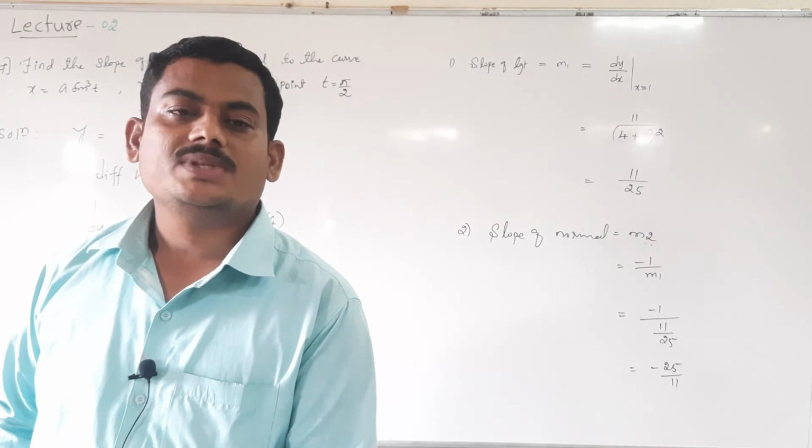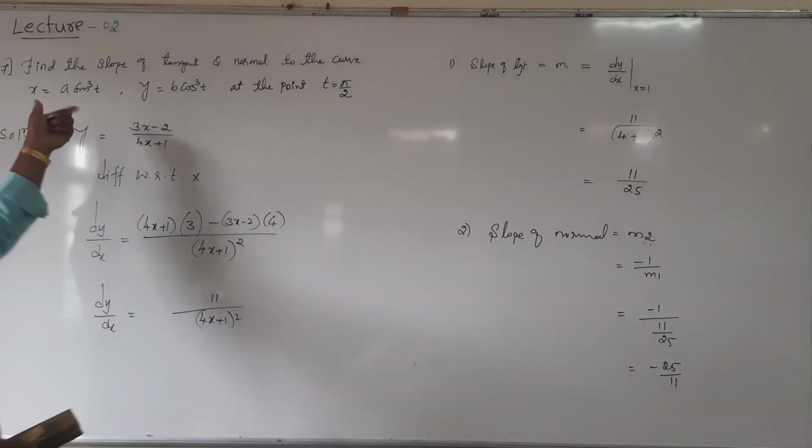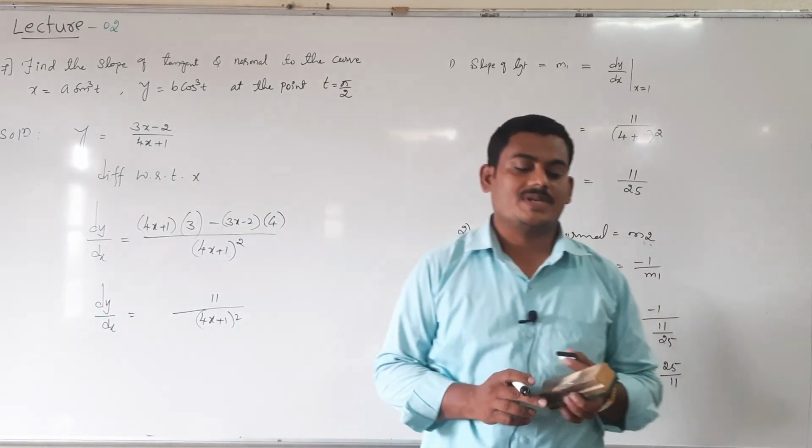Find the slope of the tangent and slope of the normal to this curve. Curve is given in the form of parametric equations.